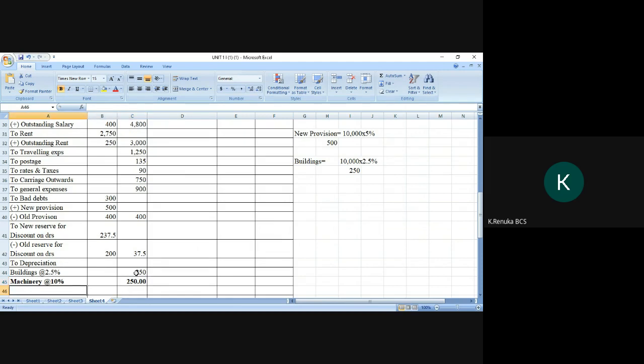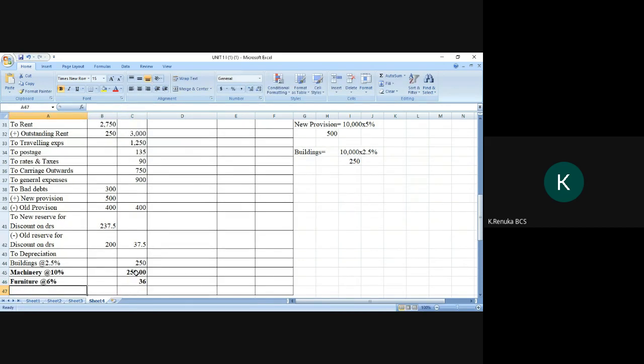Next, you need to calculate it for furniture. Furniture at 6 percentage, so your value will be 36. And then cycle at 15 percentage, so the value is 60.